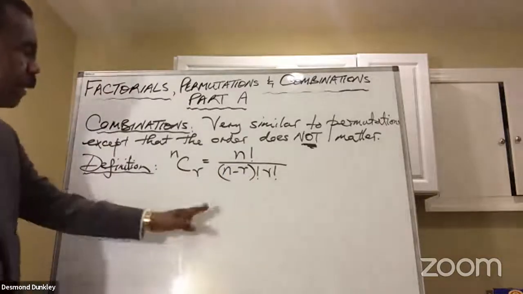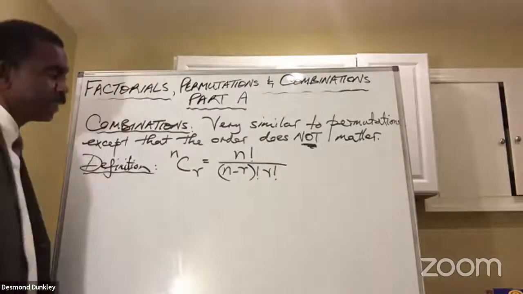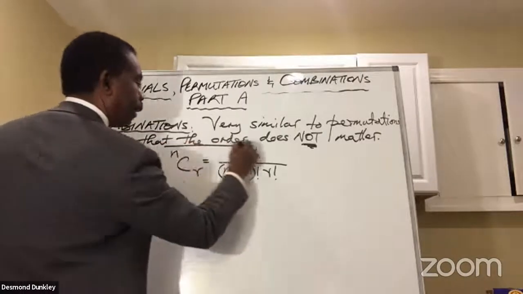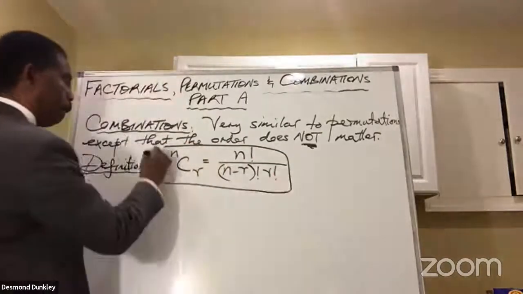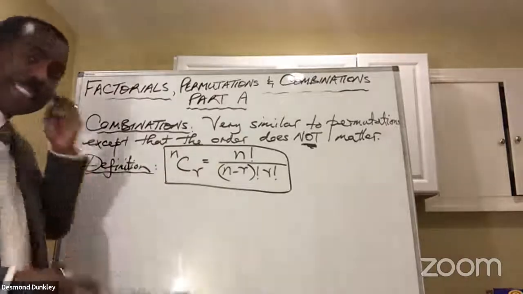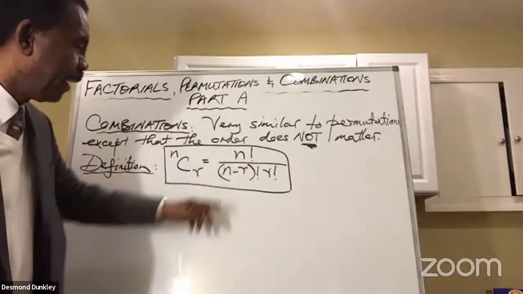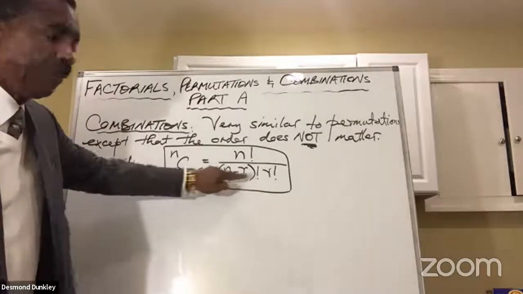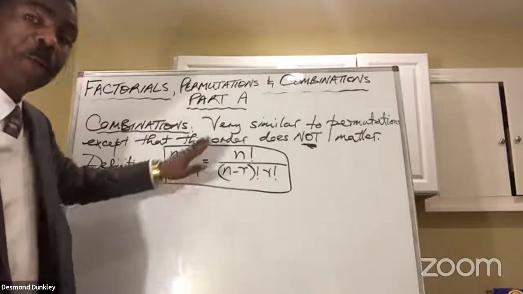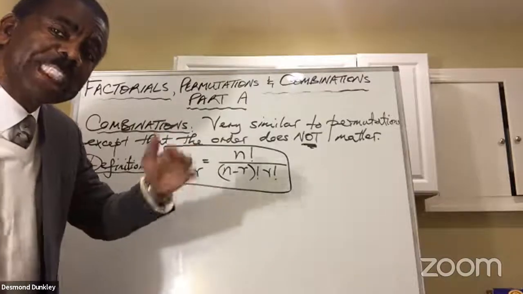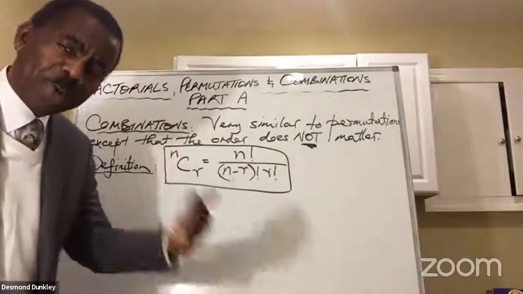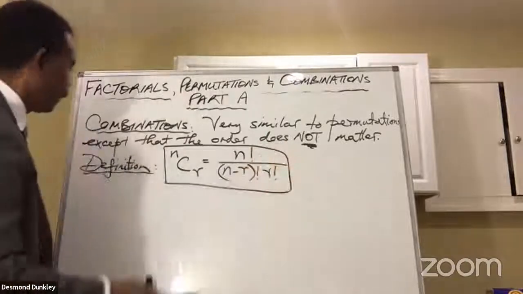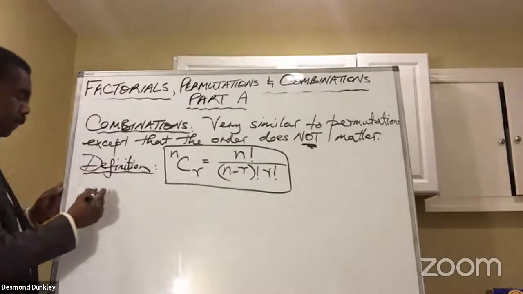So it's very similar to what we did for permutations, but now we have the r factorial on the bottom as well. So this is a step up. You are now dividing by r factorial in addition to the n minus r factorial. So that's why the number of combinations will always be smaller than the number of permutations, because you're further dividing by another number.